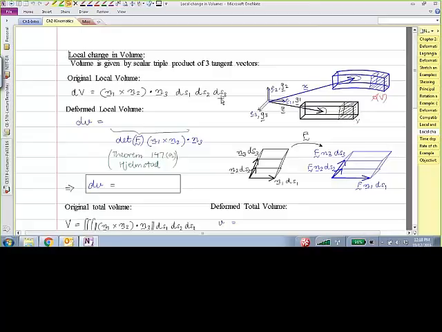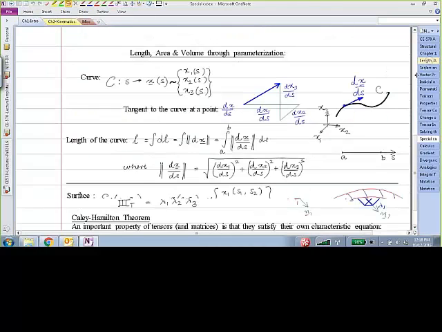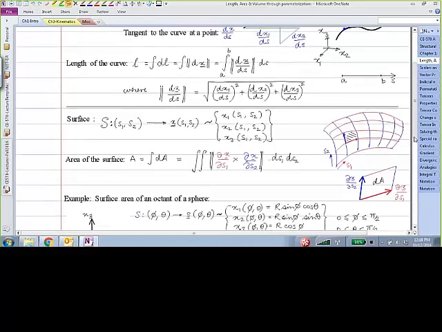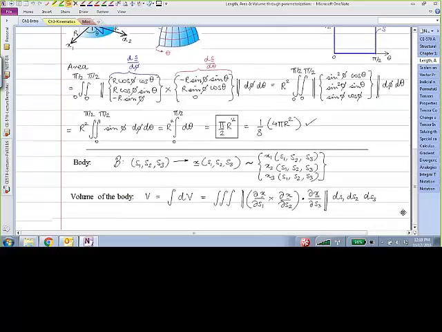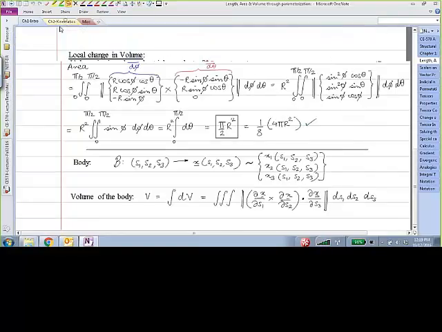And the tangent vectors corresponding to those 3 parameterizations would be N1, N2, and N3. And if you don't remember that, maybe long back, you remember volume of a body was given by dx/ds1 cross dx/ds2 dot dx/ds3 and ds1 ds2 ds3. That's the volume of a body if you know the parameterization.